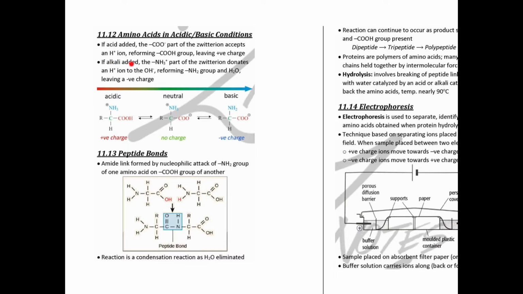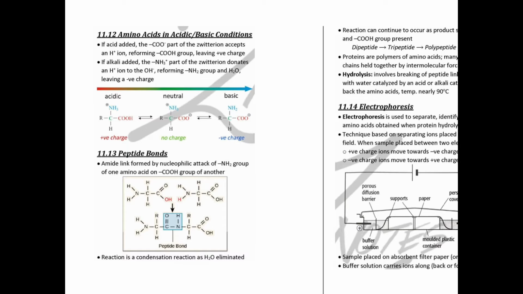If alkaline is added, it means you add hydroxide, you add OH minus. The NH3 plus part of the zwitterion donates an H plus ion to the OH minus. So if you add OH minus, then one of the H plus will come out and neutralize with the OH minus to form water.